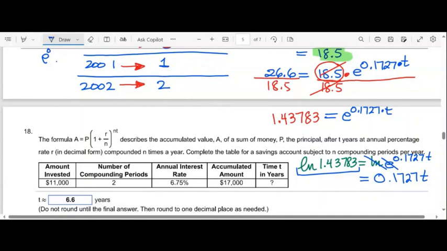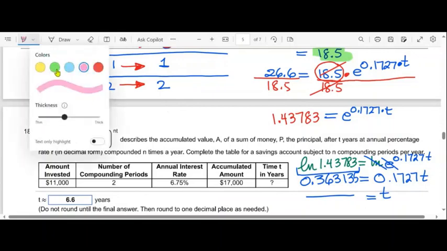So ln 1.43783. How much did you get for the ln?